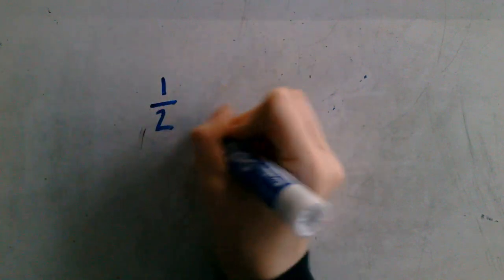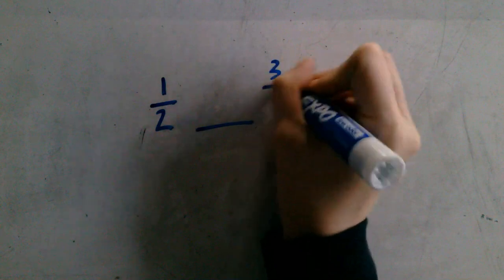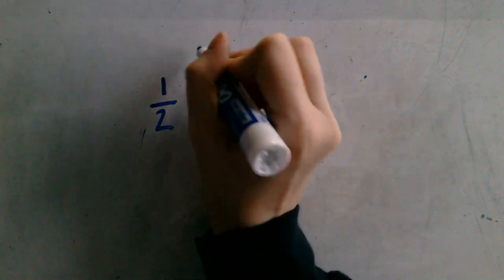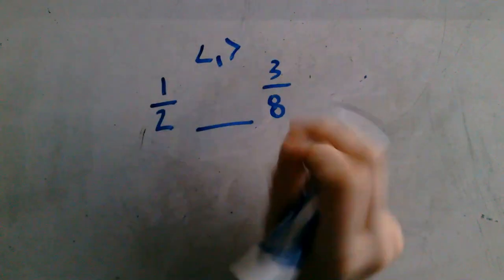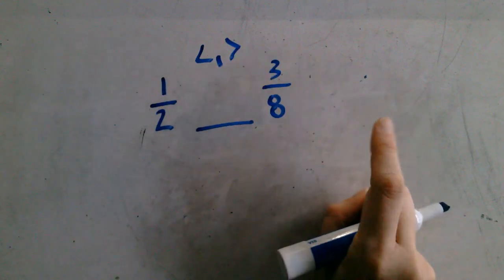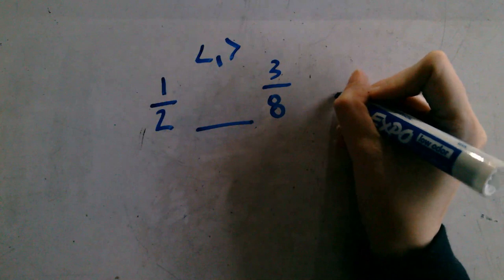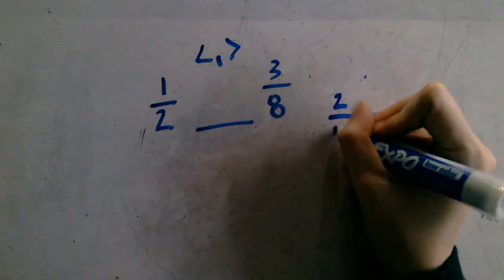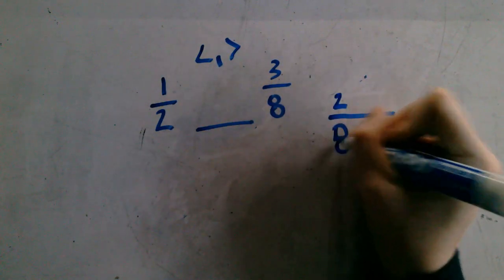Now let's try 1/2, and we're going to compare that to 3/8. Remember, we need to find the common denominator first and then write if it's greater or less than. Let's write our denominators on the side. We have 2 and 8.